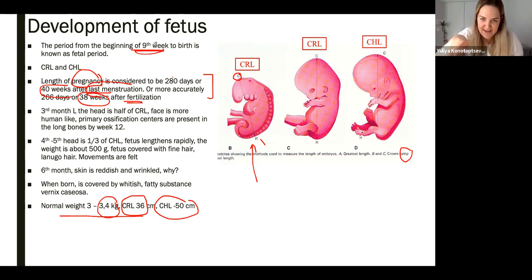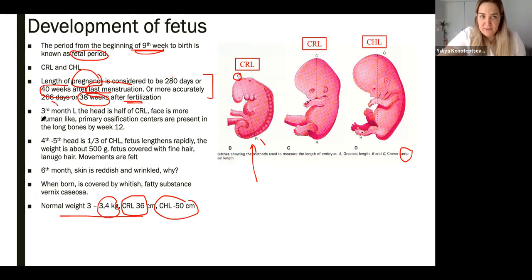But after the 9th week, this is known as the fetal period. So technically, a 10 weeks old human should not be called an embryo. You should call it a fetus because it already has all of its organs. It has them. The only thing which is left to do is to mature these organs. That's it. So is it clear? Until 9 weeks, you're an embryo, organogenesis. After 9 weeks, you're a fetus. You have all of your organ systems that need maturation.